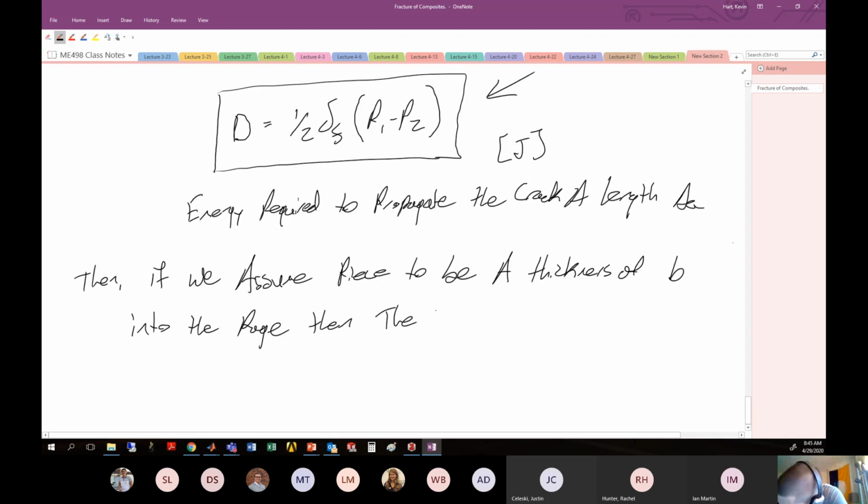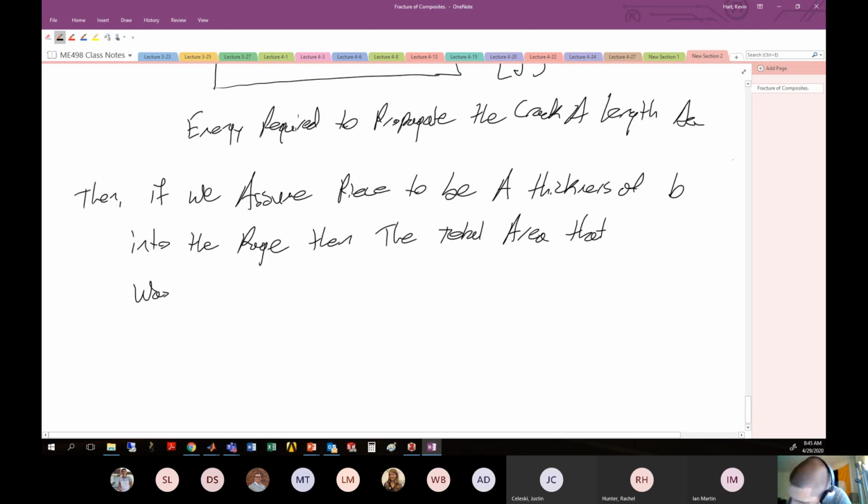Then the total area that was created by the fracture is delta A times B, obviously.